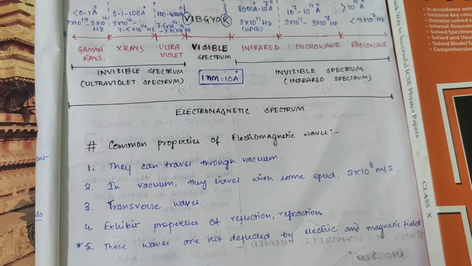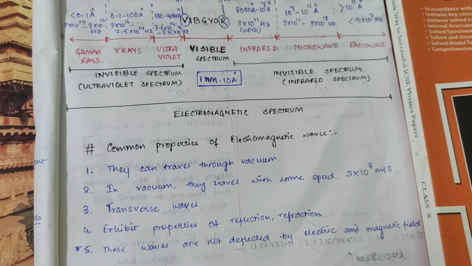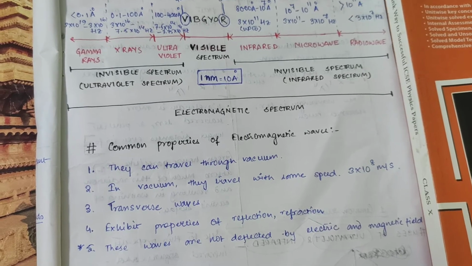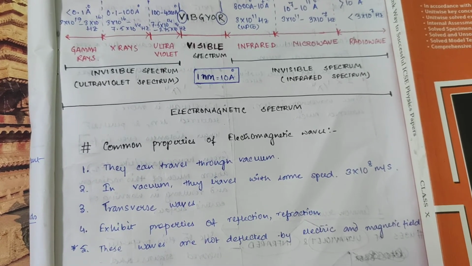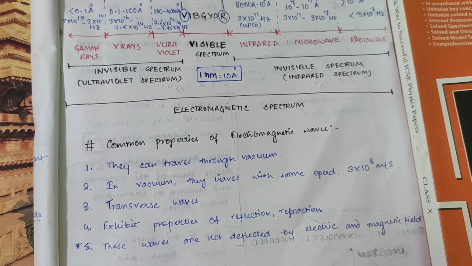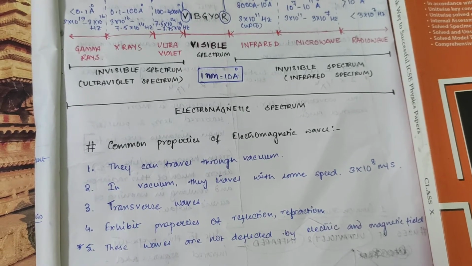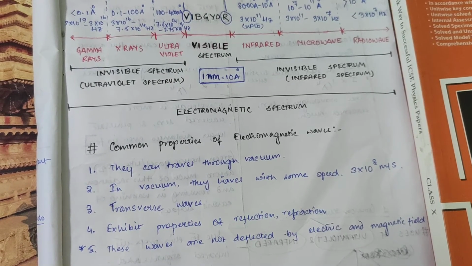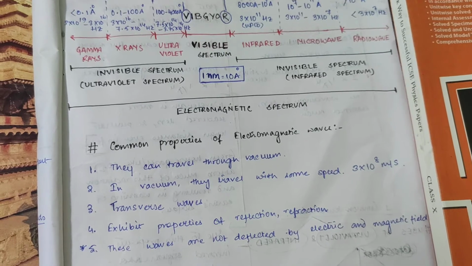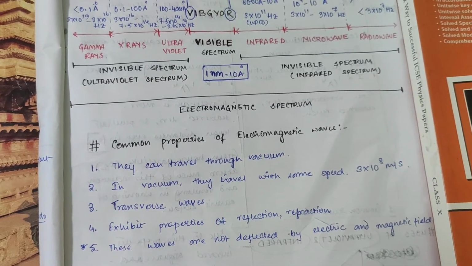And in vacuum their speed will be 3 into 10 to the power 8 meter per second, the speed of light. They exhibit properties like reflection and refraction when they pass from one medium to another medium of different optical densities. They are transverse waves.